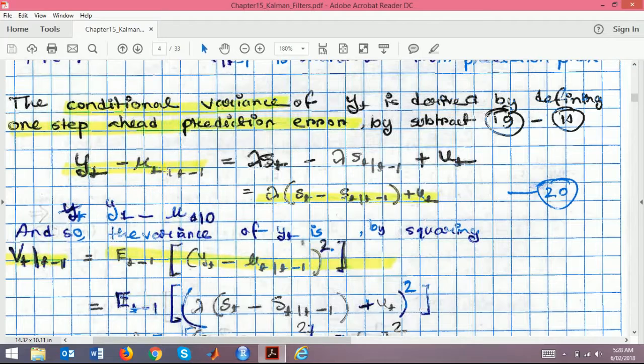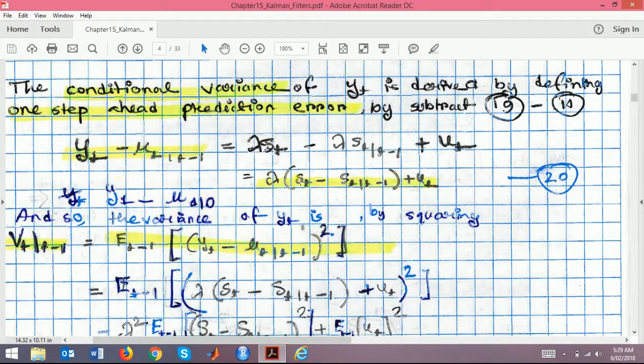Or let's express it like this: yt minus mu1|0 equals lambda st plus the residual minus lambda S1|0, so lambda times S1 minus S1|0 plus ut. So the one step ahead prediction error is now lambda times S1 minus S1|0 plus ut.